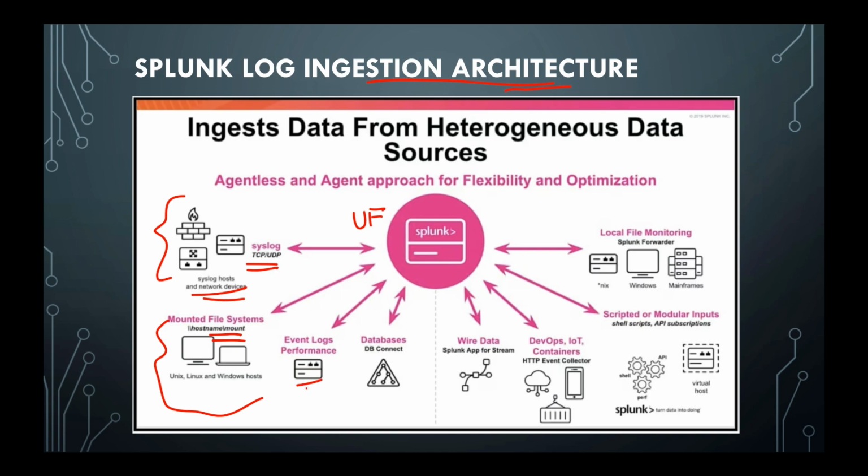Then event log, performance, database connect, wire data, HTTP event collector. So these are the methods that you can use. You need to either deploy the universal forwarder, or you can use an API script or a connector like HTTP event collector to send this data to Splunk.